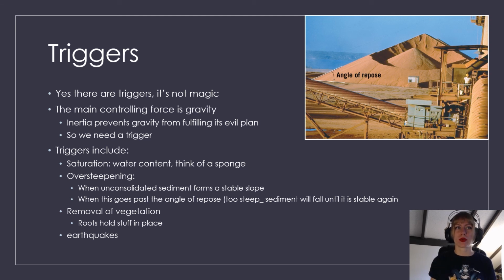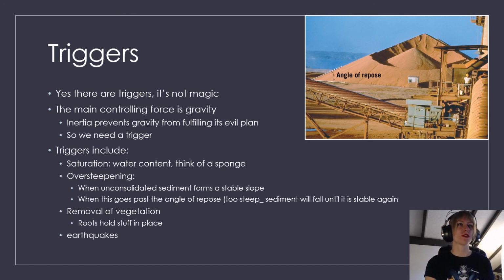Another example is bread. If you oversaturate bread, it falls apart. That's exactly what happens with mass wasting. So this is because water in pore space reduces cohesion and allows for particles to slide. Water also adds additional weight to the sediments, which allows gravity to become greater than friction.